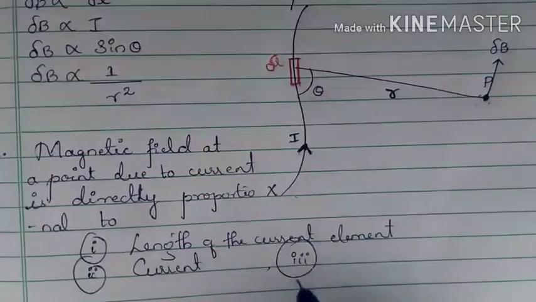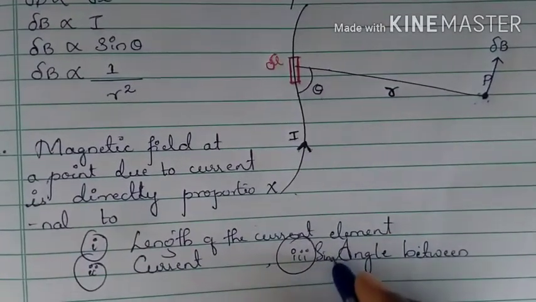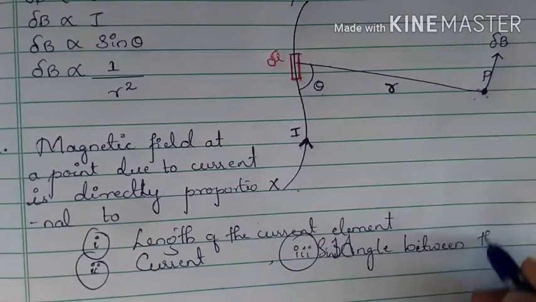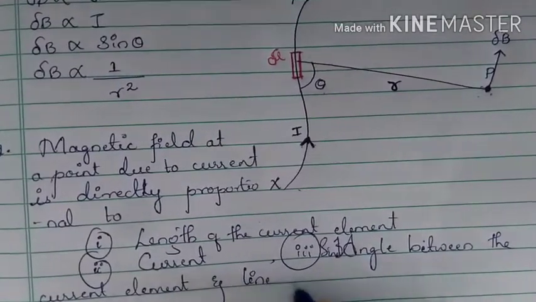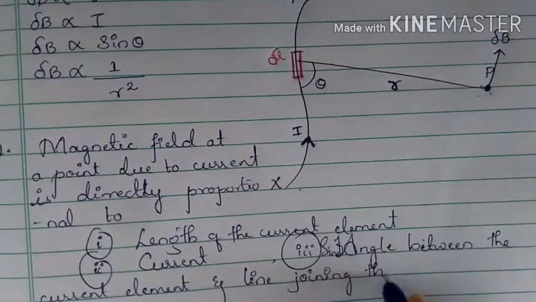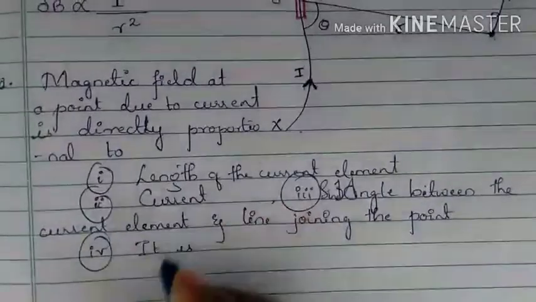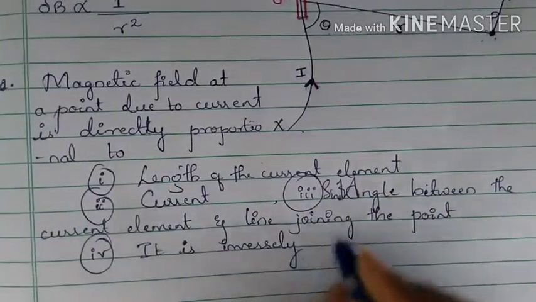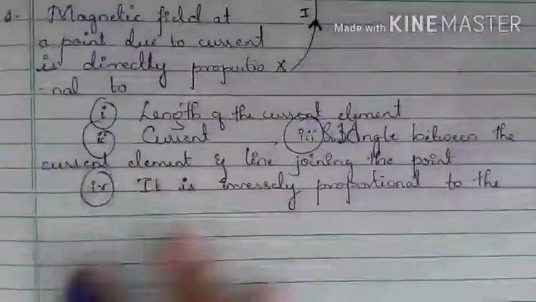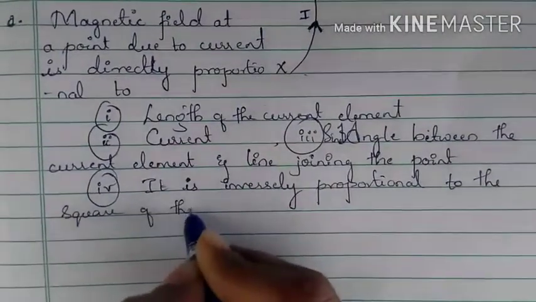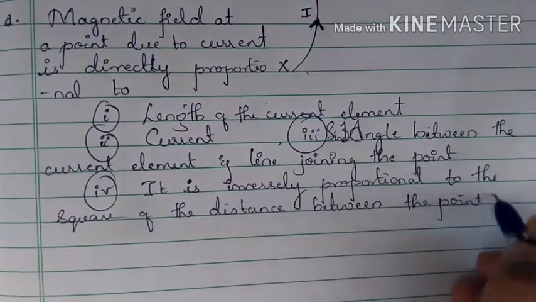The third is the sine of the angle between the current element and the line joining the point, and it is inversely proportional to the square of the distance between the point and the current element.